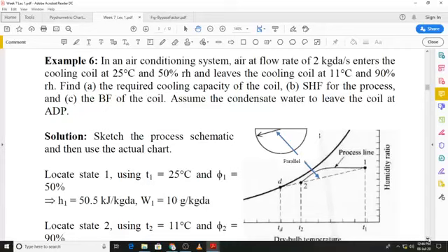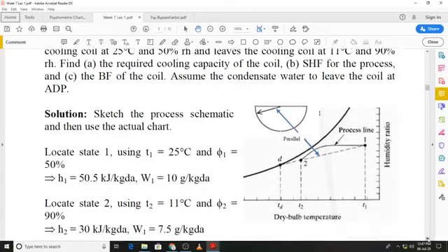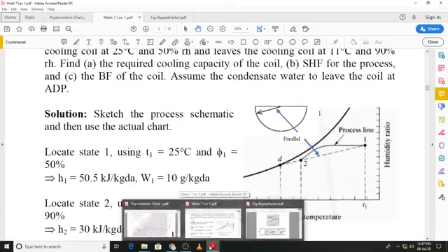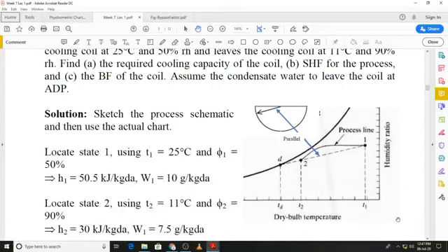Once we have done that, we can find out the specific enthalpy and the humidity ratio at state 1, and the same can be done for state 2. I will go to the actual psychrometric chart in a while and show you how I have got these values.